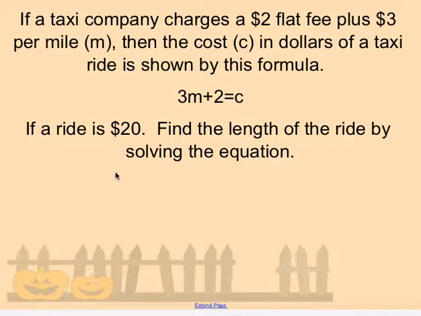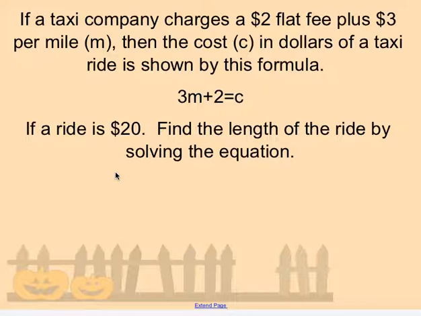So, if we look at this example here, a taxi company charges $2 for a flat fee plus $3 per mile, and so the cost C in dollars for a taxi ride would be shown by this formula, 3M plus 2 equals C. If we end up with a ride that costs $20, let's find the length of the ride by solving the equation.